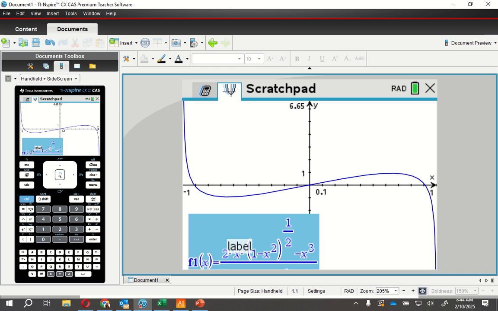If it's above the x-axis, and this is the graph of my derivative, that's positive. And then over here, it's negative. So what happens when my graph goes from a positive to a negative? What does that imply? That's a positive, right? So therefore that is a maximum.